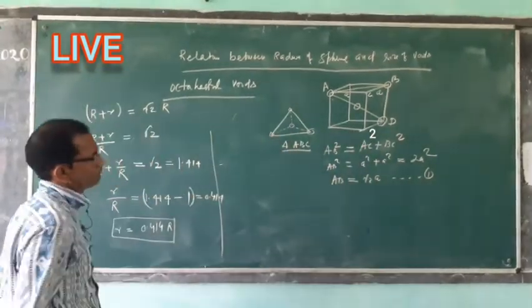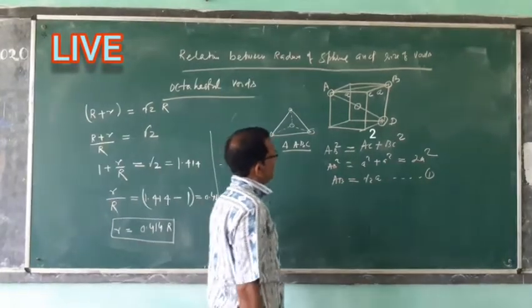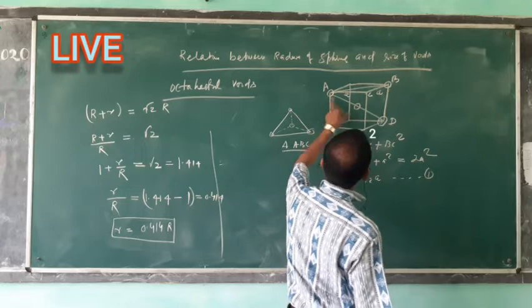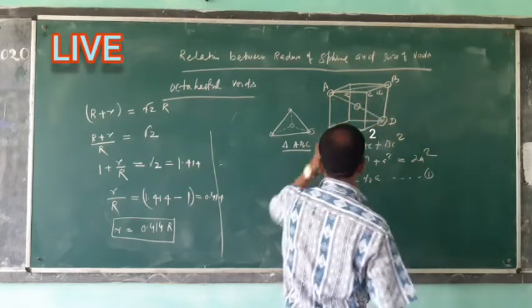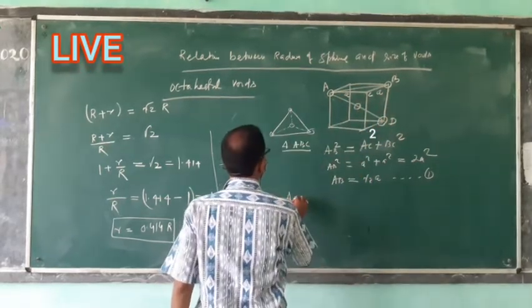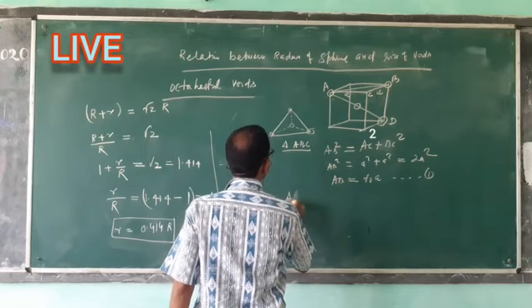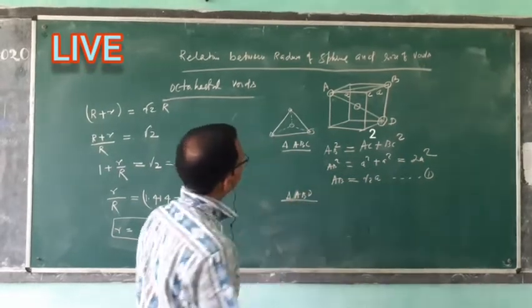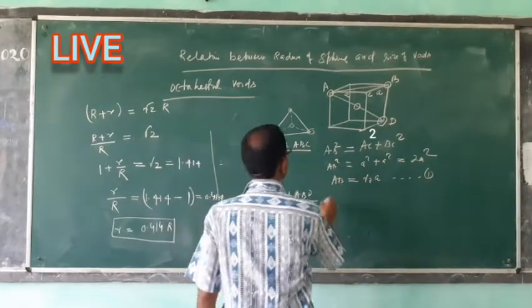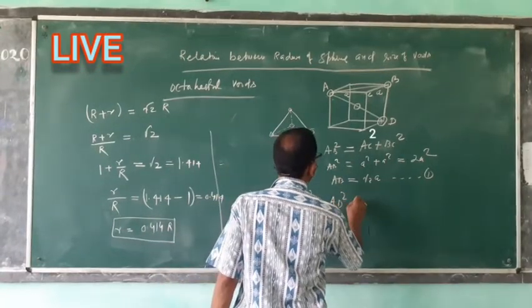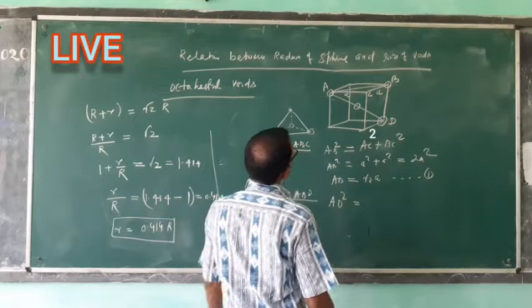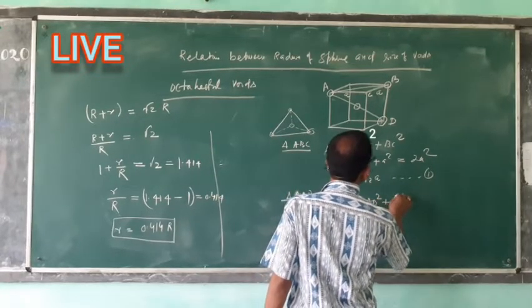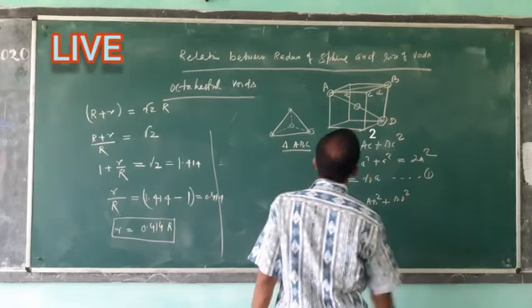Now come to triangle ABD. In triangle ABD, AD square is equal to AB square plus BD square.